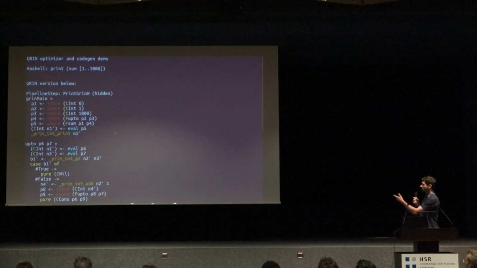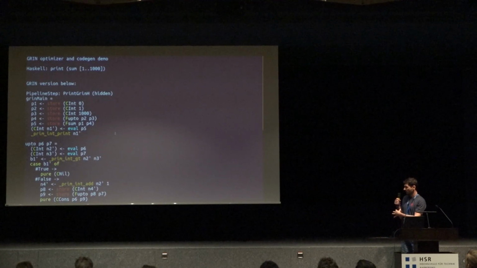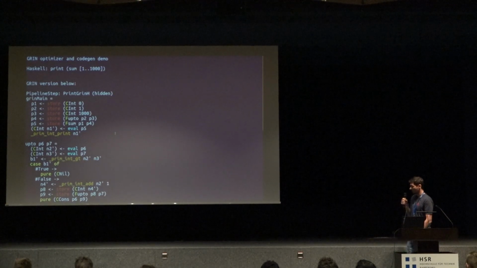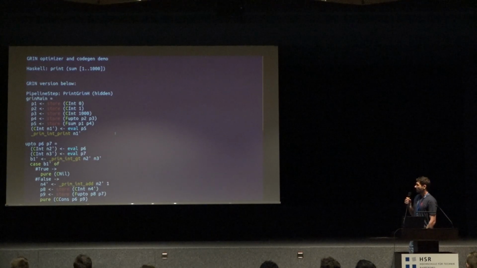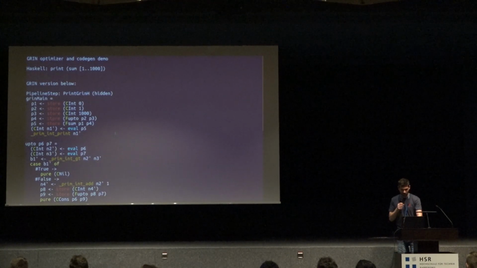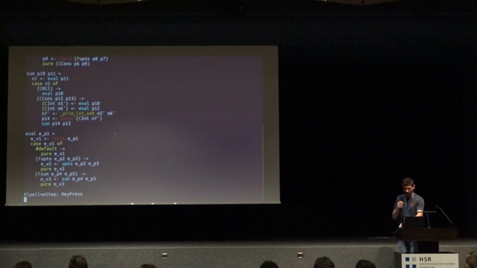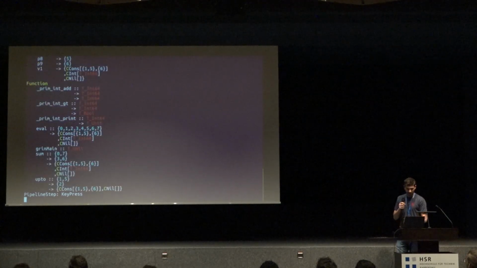The red operators, the red commands, are building the thunks, so they are heap operations, and the underscore prim function calls are the primitive operations. This looks like do notation, but this is the Green language, which is a monadic language for now. I just pass this program to the compiler.